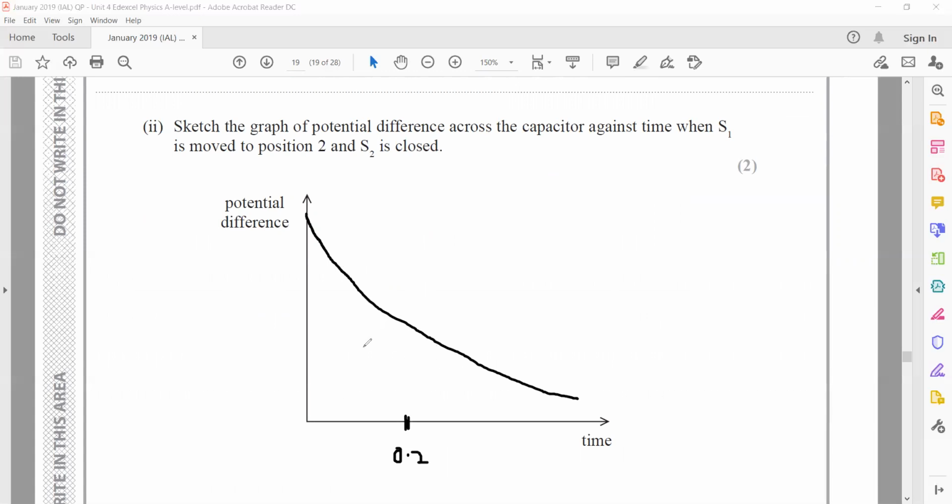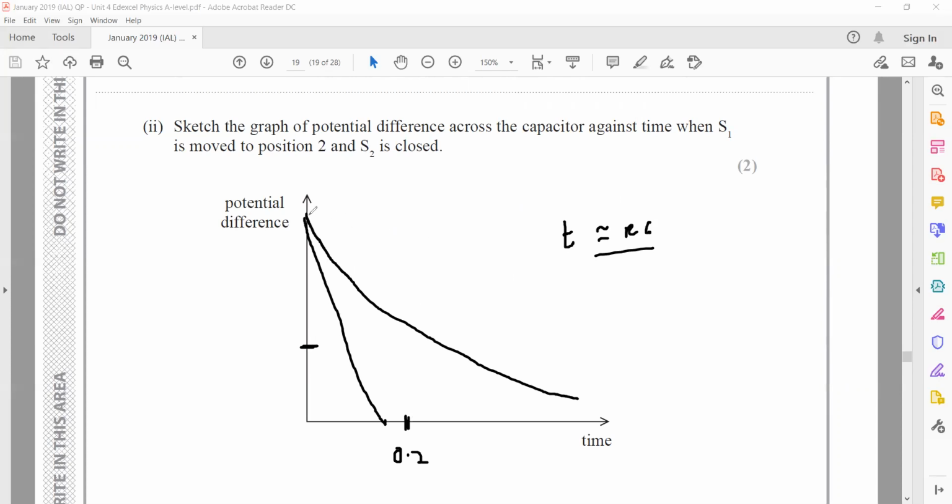The voltage should be about 37% of the original value, or the reaction time should be approximately equal to RC. If the time constant is too small, then what will happen? The capacitor will discharge and it will not be able to stop. For example, the student took 0.2 second, maybe he opened the switch, but before that time the capacitor completely discharged, so it will not be accurate.